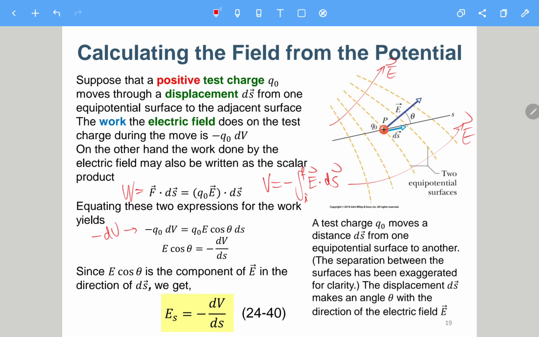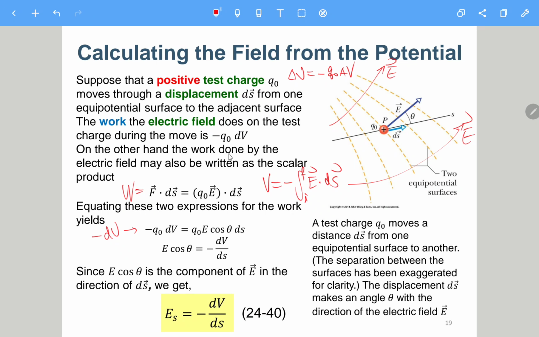In the last lecture, we wrote it as delta u equals negative q0 delta v. So we just replace delta with d.